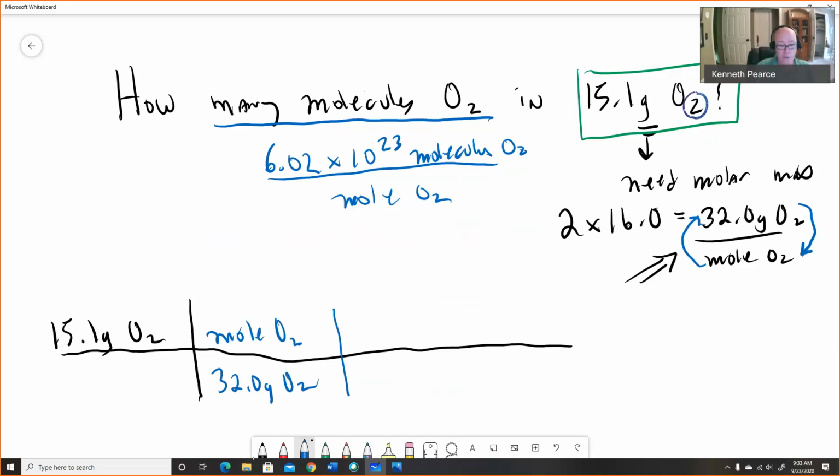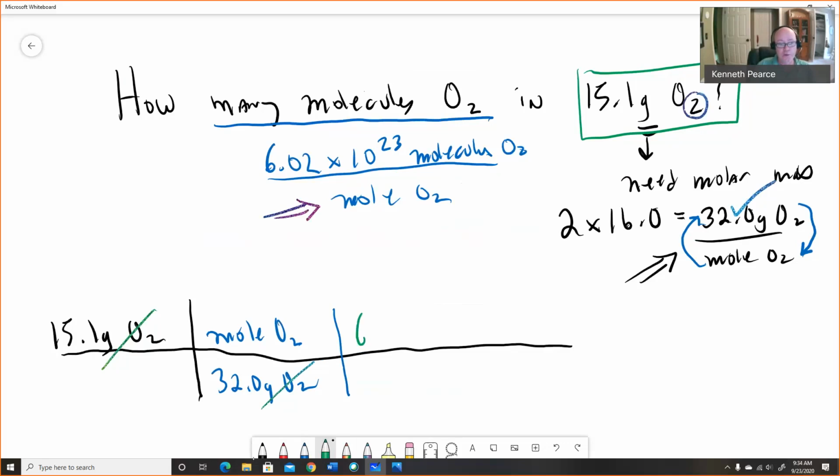And so now grams O2 has canceled. And now I look for, and make sure we check mark, where do I see moles O2 that hasn't been used already. The check marked molar mass means I can't use it over again. And where do I see moles O2? I see it right there. And since it's already on the bottom, I'll just go ahead and copy it down.